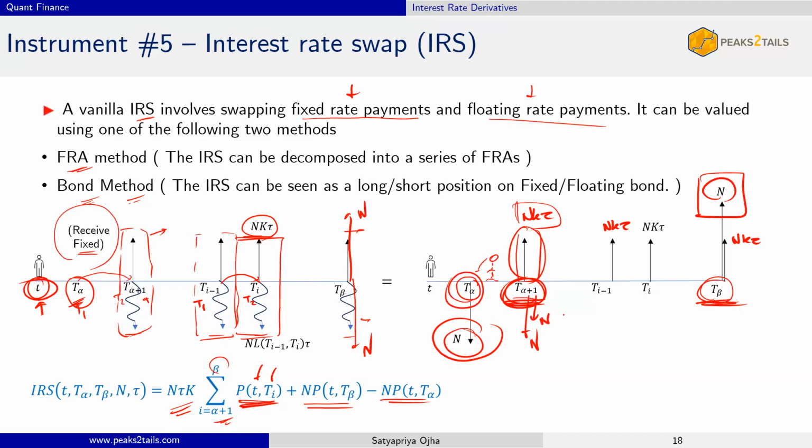So N times L, let's say T alpha to T alpha plus 1, times tau. This coupon payment would additionally be there. On top of that, all the remaining floating payments would discount to N. Take these two together and adjust your formula. That's how you do it.